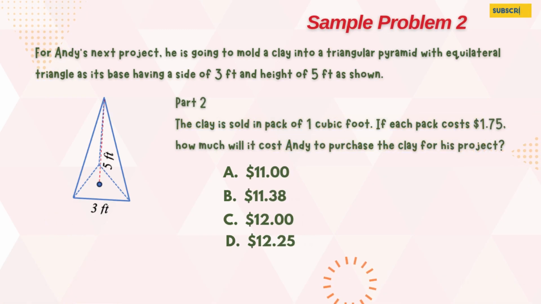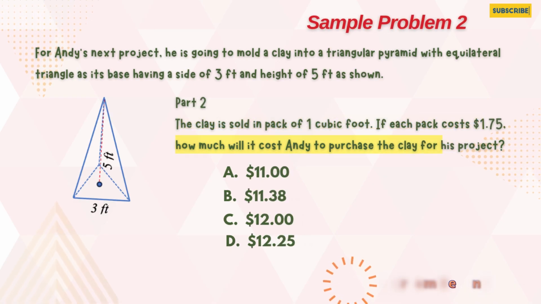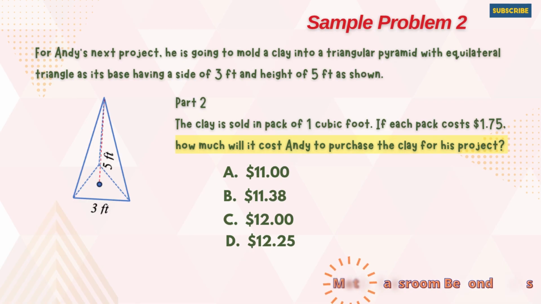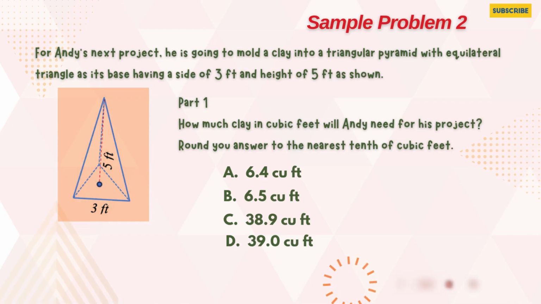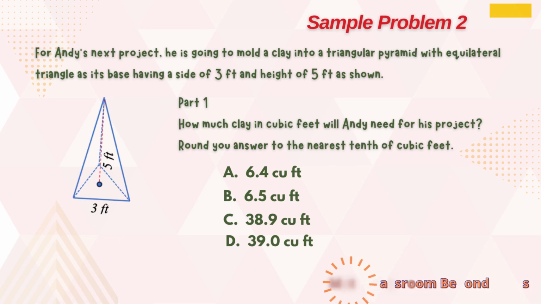And second, we're to find how much will it cost Andy to purchase the clay for his project. What are given? We're given the figure of the triangular pyramid with its dimensions. The problem also states that the triangular base is an equilateral triangle.